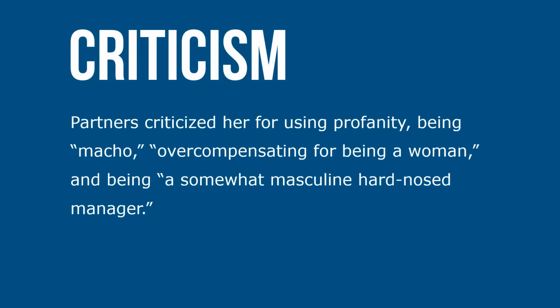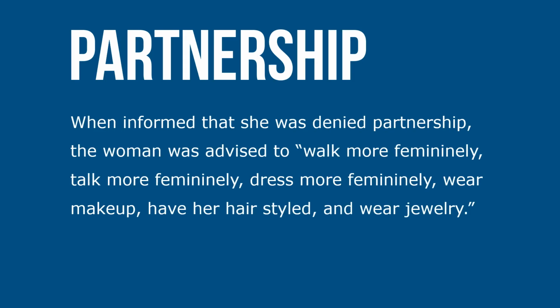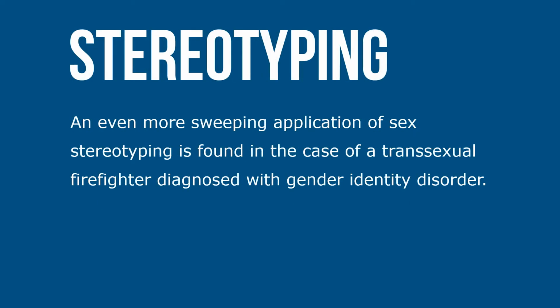Partners criticized her for using profanity, being macho, overcompensating for being a woman, and being a somewhat masculine, hard-nosed manager. When informed that she was denied partnership, the woman was advised to walk more femininely, to talk more femininely, to dress more femininely, to wear makeup, have her hair styled, and wear jewelry.